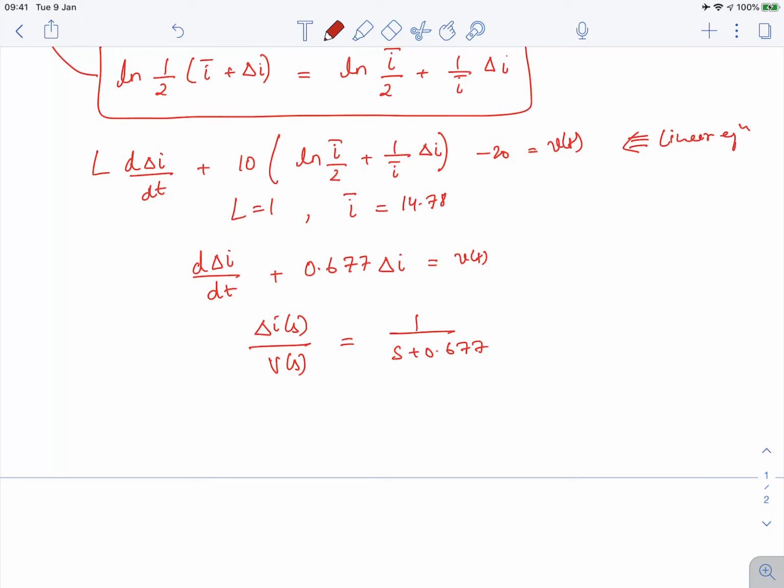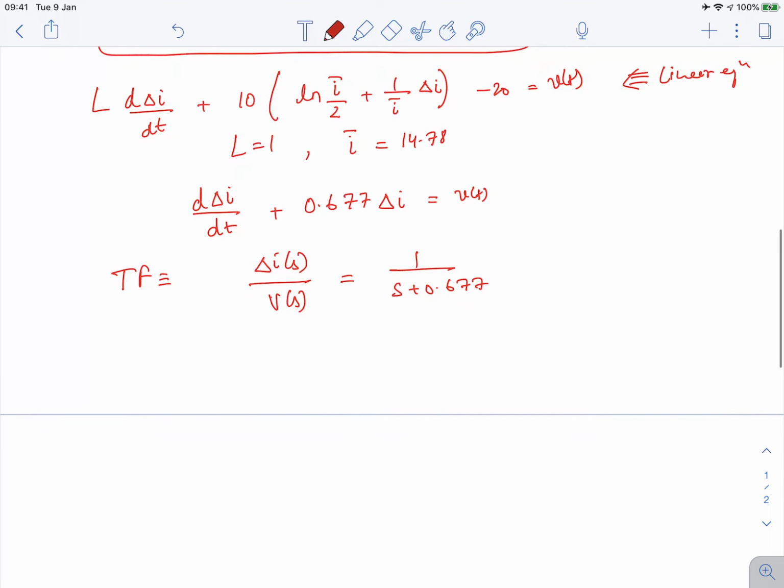So this is the transfer function as the ratio of delta I over v of s. This is how you can linearize the system.